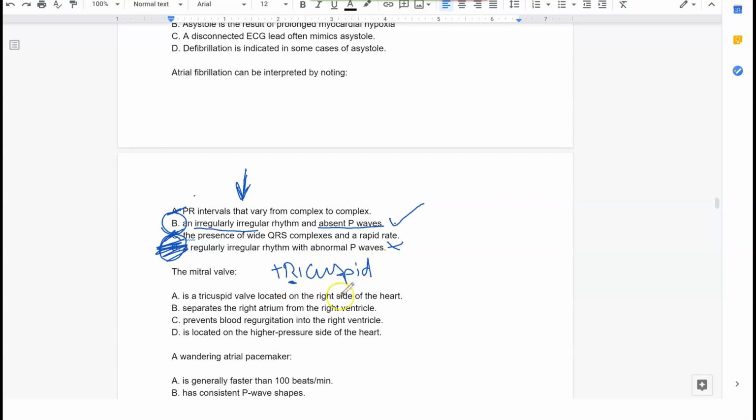The tricuspid's on the right side, the mitral's on the left side. So no, it's not on the right side of the heart. Separates the right atrium from the right ventricle? No, because again, it's still on the left side of the heart. Prevents blood regurgitation to the right ventricle? No. Your obsession with the right side of the heart is cute, but no. It's on the higher pressure side of the heart, which is the left.